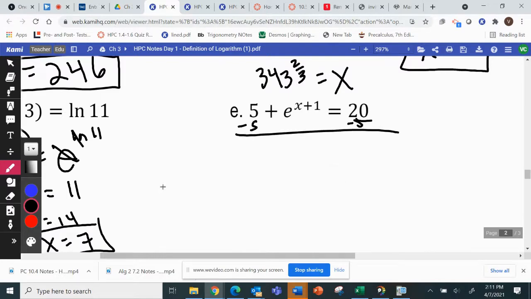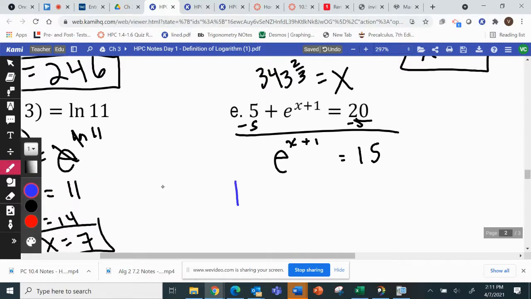It's the same way you would solve any other equation. It just has an e in it this time. So now what is going to cancel out e so that we will get that exponent by itself? Natural log is the inverse of e. So we're going to log both sides with ln.